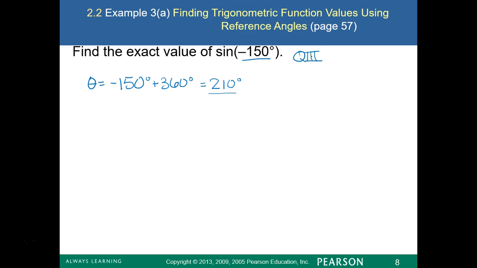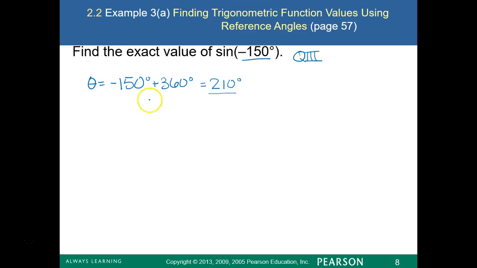So we know in the third quadrant, the only thing that is positive, like in the previous example, is tangent and cotangent. So sine of negative 150 or 210 is going to be negative.